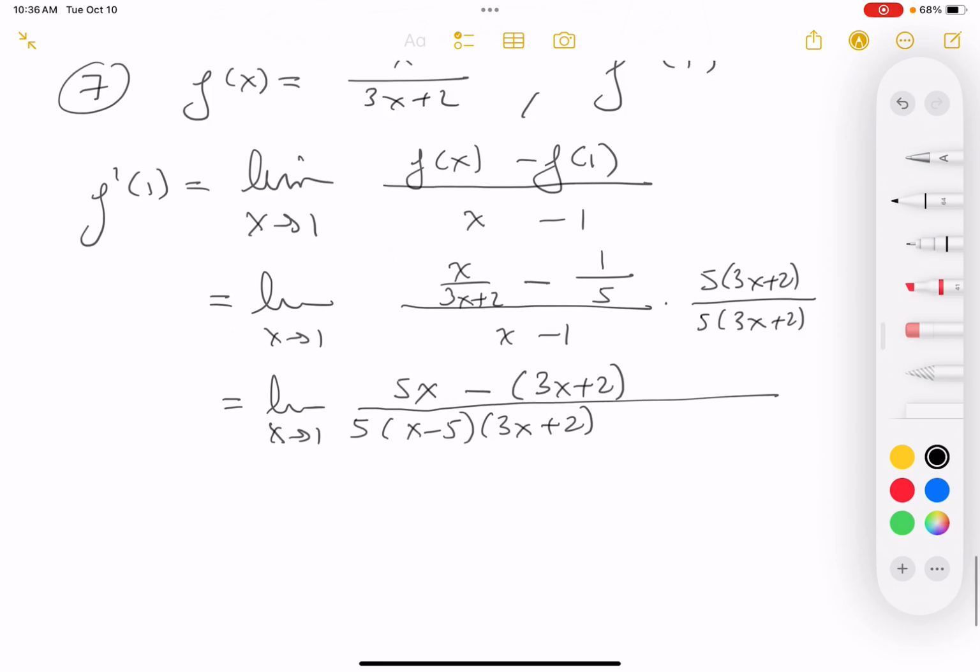Let's keep going. What do you get over here? Limit as x goes to 1. Let's see, 5x minus 3x is 2x, minus 2. And what do you get in the bottom? 5, x minus 1, 3x plus... oh, I see the problem now.